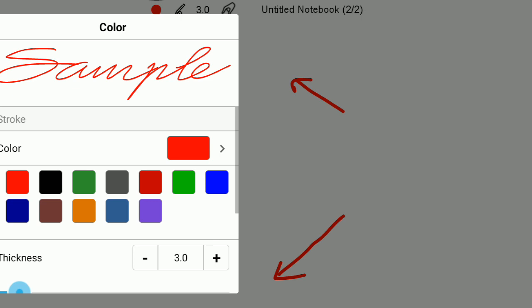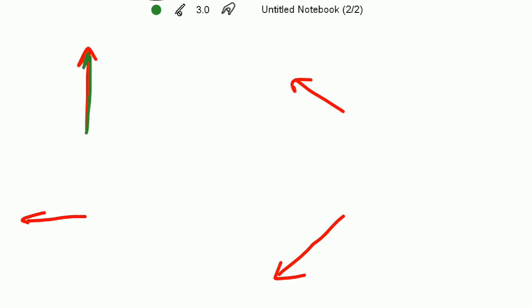Let me draw for various instants, just give me a second, you will understand what I'm trying to explain here. So the red one is rotating in anti-clockwise direction, and my green one is rotating in clockwise direction.